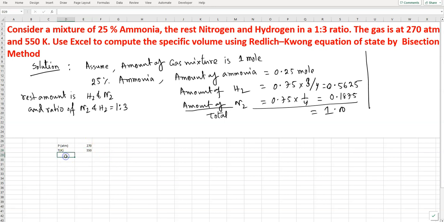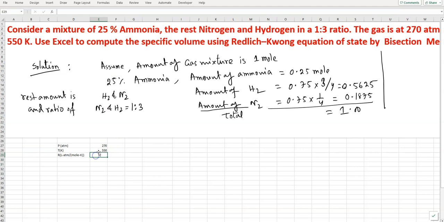Based on the data, we can take the R value in liter atmosphere per mole Kelvin, which is 0.0825205.